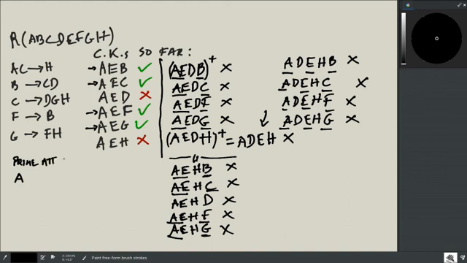Prime attributes are A, B, C, D is not, E is a prime attribute, F is a prime attribute, G is a prime attribute, H is not a prime attribute.